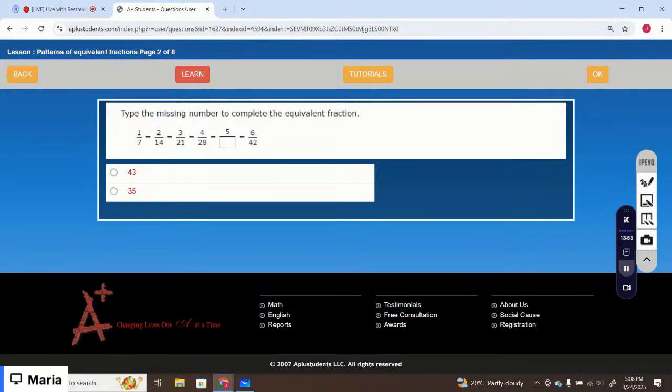Type the missing number to complete the equivalent fraction. 5 times 1 is 5 and 5 times 7 is 35.